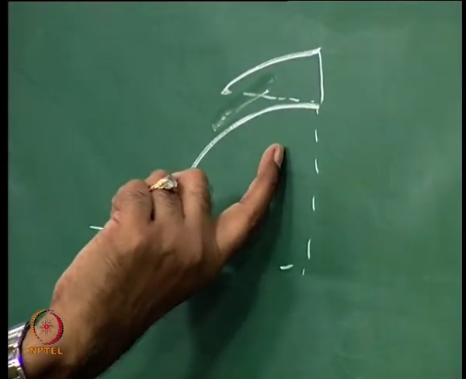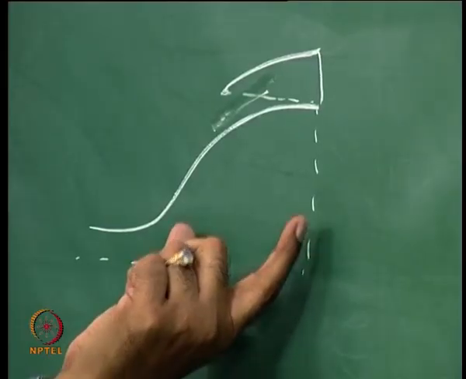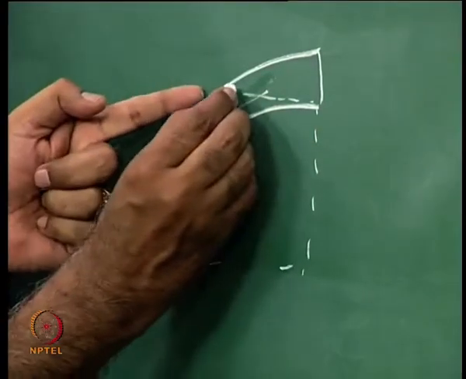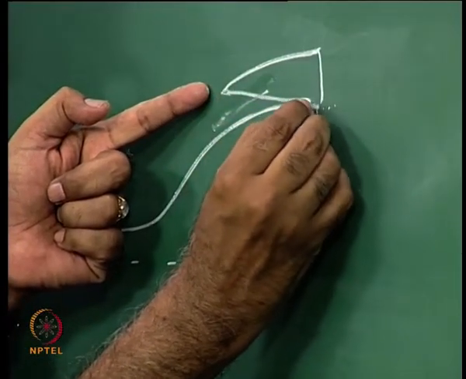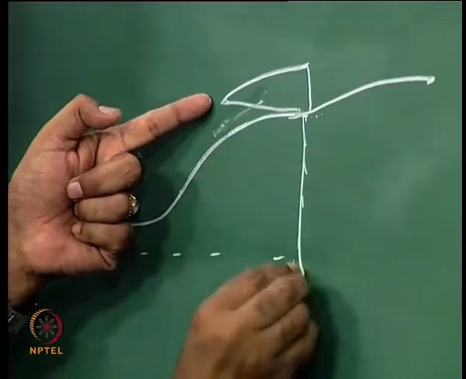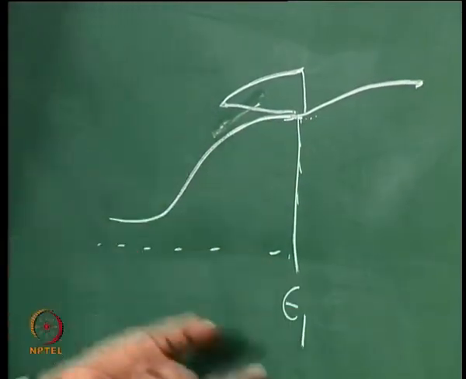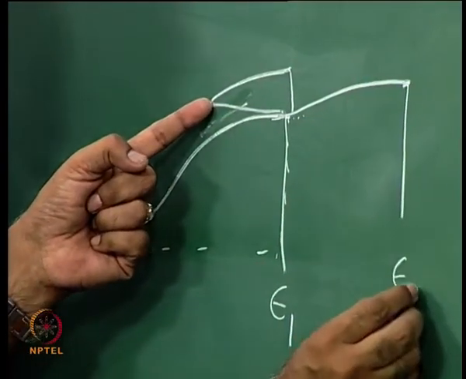This initial nozzle operates at low altitude. The moment the nozzle goes to higher altitude, through some mechanism I shift this over here, I then maybe make it go up still higher. That means this becomes my initial low area ratio nozzle. Corresponding to this, I have a higher area ratio nozzle.